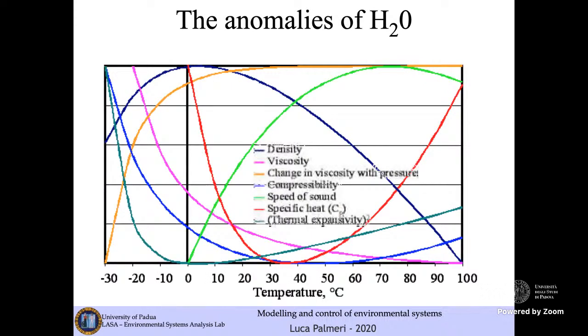I try to summarize the anomalies of water in these collective curves. In particular, let's focus on the density, as we were talking about before, starting from the 0 degrees point, in which the density is higher.